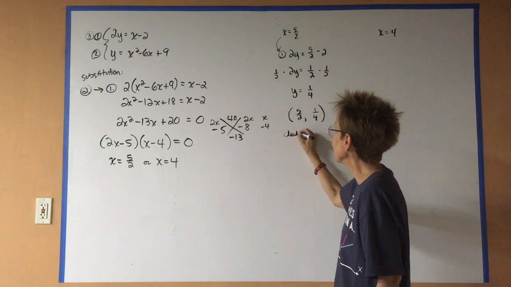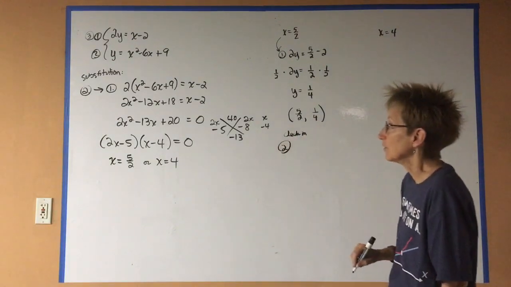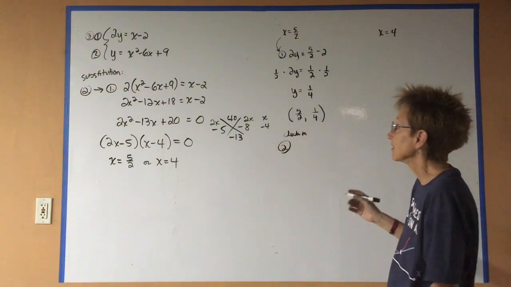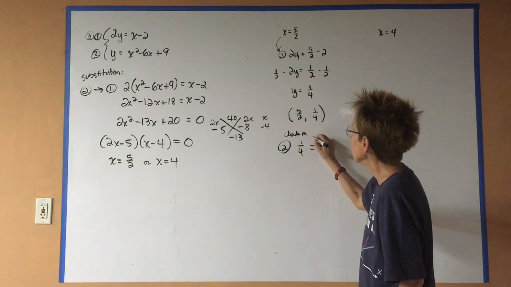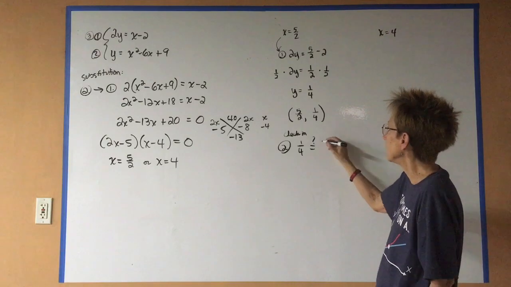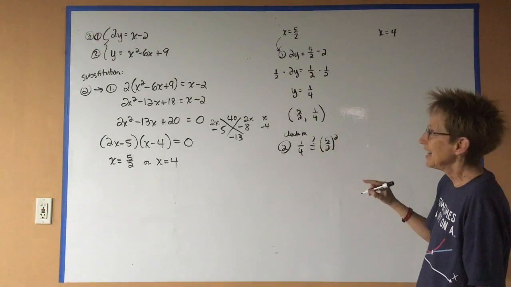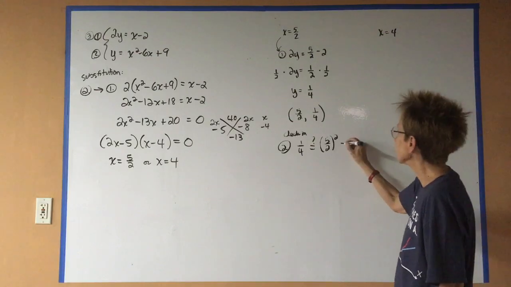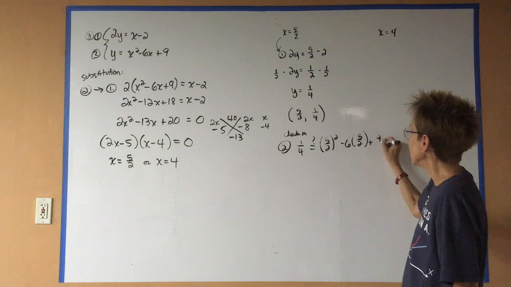So now I need to check in number 2 and make sure that it works, because maybe it's extraneous. So let's see, y is equal to, so 1/4 is equal to, oh boy, x squared. So 5/2 squared, I'm doing the hard one first. 5/2 squared minus 6 times 5/2 plus 9.